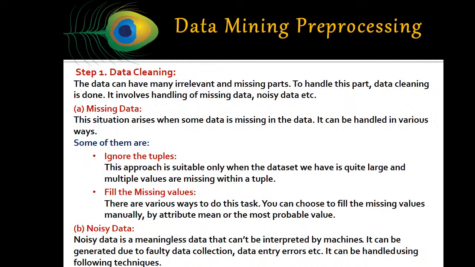Whether it is important or not is not what data mining analyzes; it analyzes the existing data. So it might happen that you can ignore one or two tuples from the database. Say, for example, I have a list of data for 100 students, showing how many marks they have scored for each subject and the overall CGPA they have scored. Now I want to analyze how many have scored between 60 to 70, then 70 to 80, then 80 to 90.